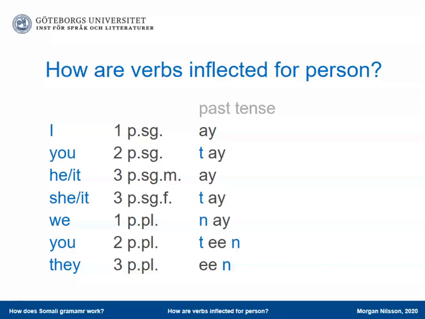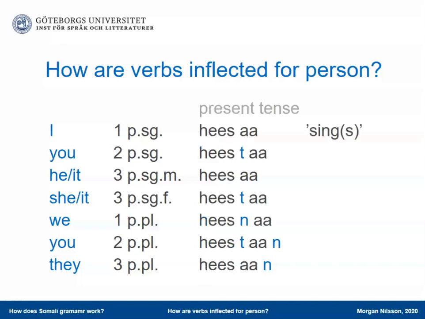However, in the two last forms, when the vowel is not at the very end of the form, but is followed by an N, the vowel is instead a long E, so that we get the suffixes ten and en.